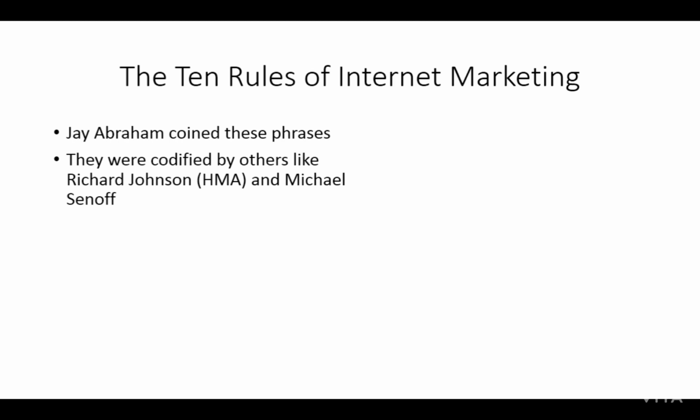They're probably more original to Jay Abraham, who kind of coined these phrases, and then the person who really organized them and put them into a system that was understandable was a gentleman named Richard Johnson, and he did a course and he's done a system called the Hidden Marketing Assets system, and that system is really Jay Abraham's overview on marketing, where he really captured everything that a small business could possibly be doing to get the word out about their product and whatever it is that they're offering.